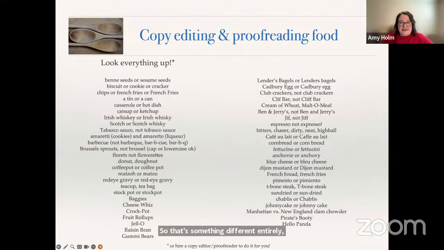So I made you a massive list of stuff that I've come across, and it's just fun to look over it. I won't spend a lot of time on these things because I've taken up almost all of our time. I knew I was going to do that, shoot. But these are just fun to look at. They're things that are either regional or a different country, different spellings, a brand name that isn't spelled like you think it would be, differences in recipes.